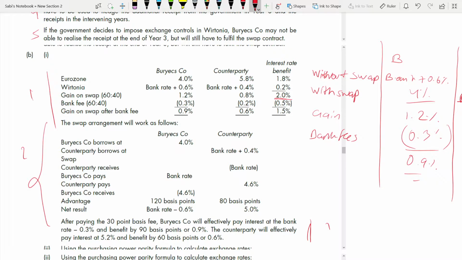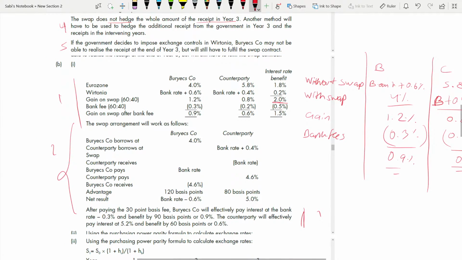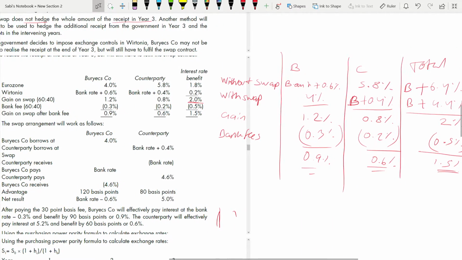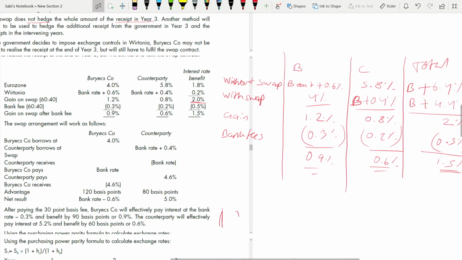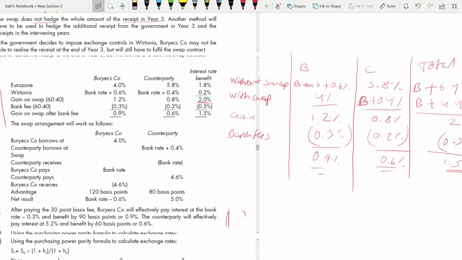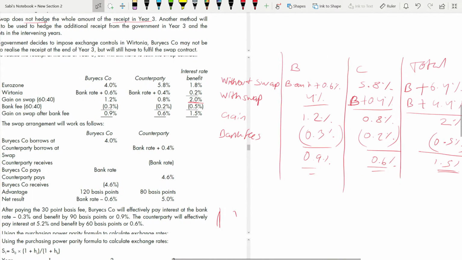So now, how are you going to start this table? If you start it like this, you will get confused. So first you have to see what the net result is.